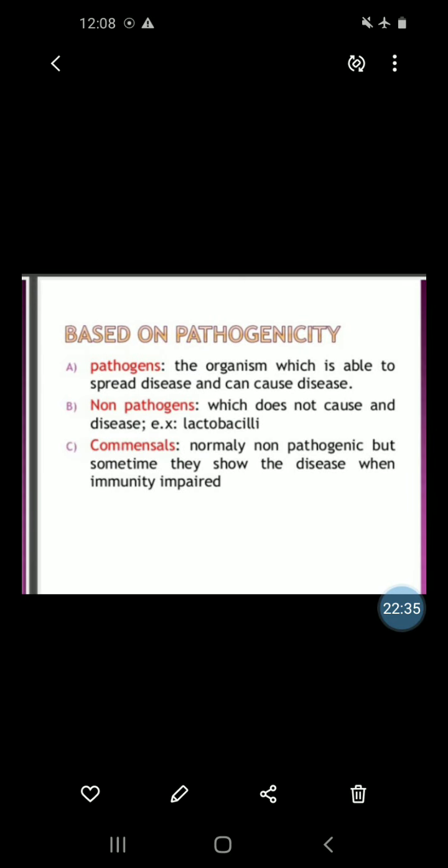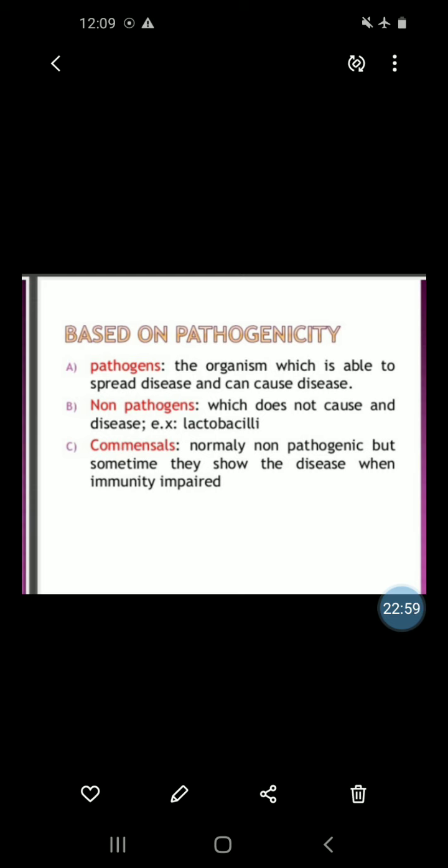Then next classification based upon pathogenicity. First, pathogen, the organism which is able to spread and cause disease. The non-pathogen does not cause any disease, for example lactobacilli. And next, commensals, which are normally non-pathogenic.